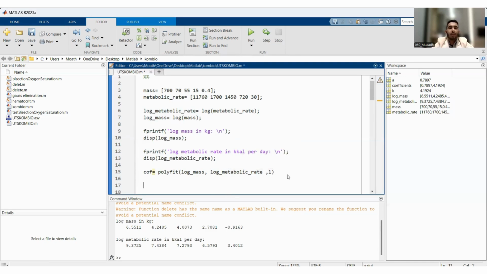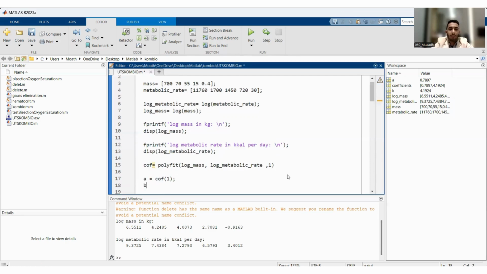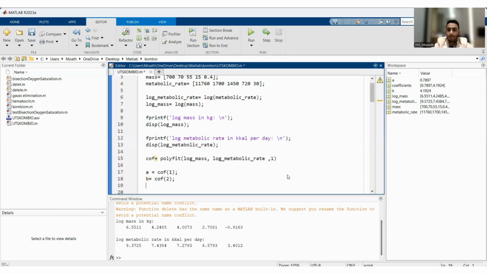For example, A is the coefficient 1 for the slope, and B is coefficient 2 for the intercept.